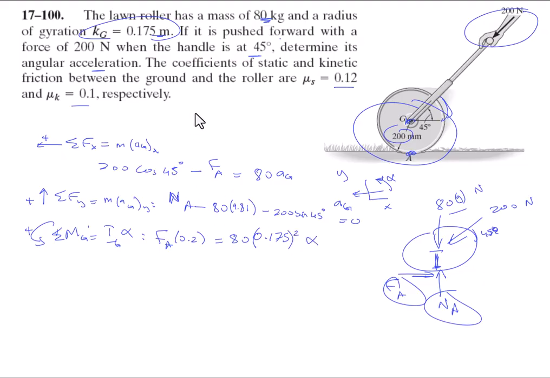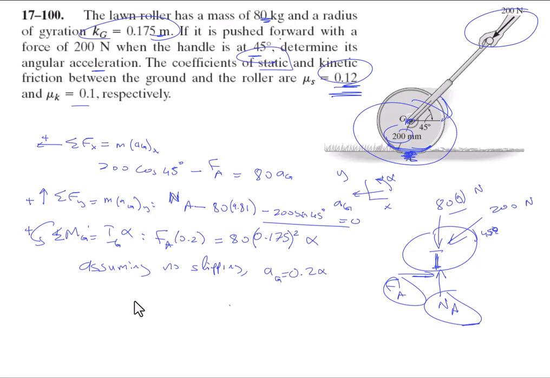So if you assume no slipping, this catches the ground, the circumferential acceleration is related to the actual acceleration A G. So, assuming no slipping, the acceleration of the center of mass is just 0.2 alpha.